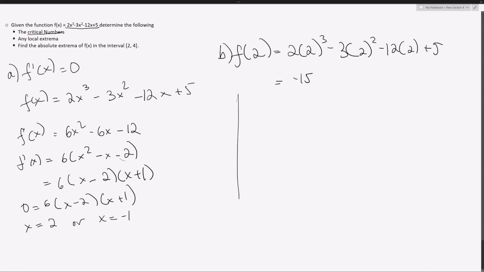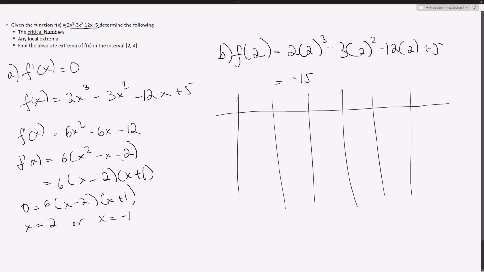We could actually just make an interval chart for every critical point that we know. In our case, we only have 2, so we shouldn't need a lot of different test values. Our first test value would have to be something that is less than negative 1, right? So let's put that, x is less than negative 1. Then over here, we could put x is equal to negative 1. You could also put it over here, right?